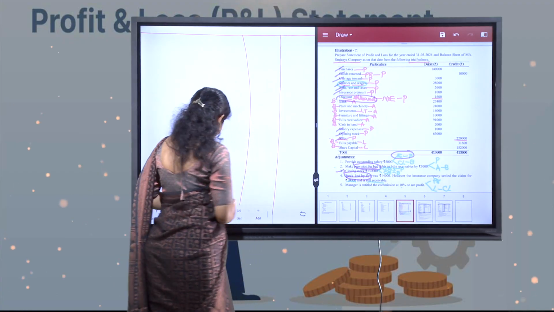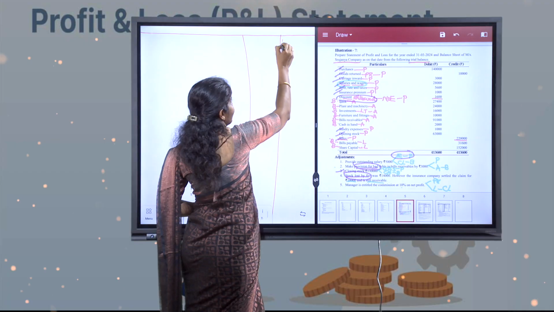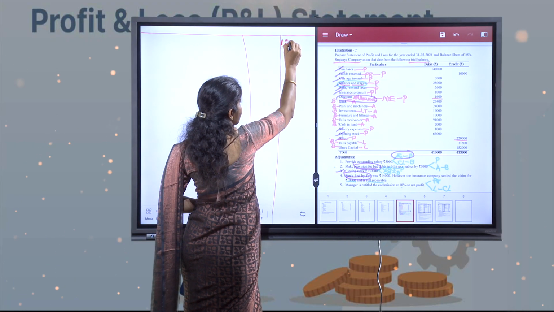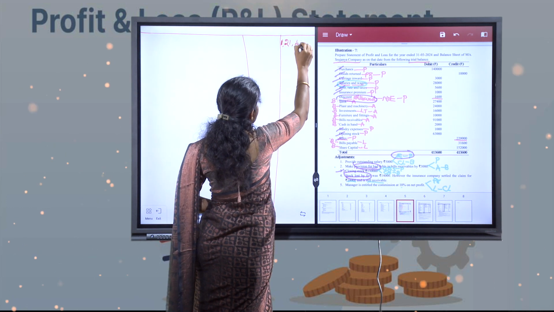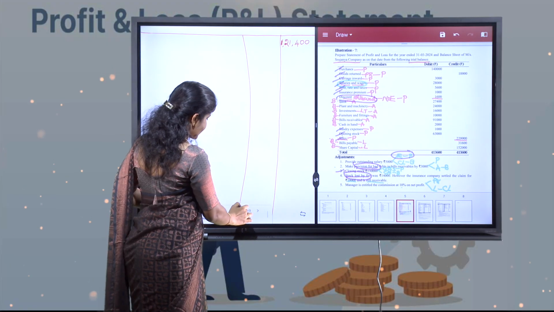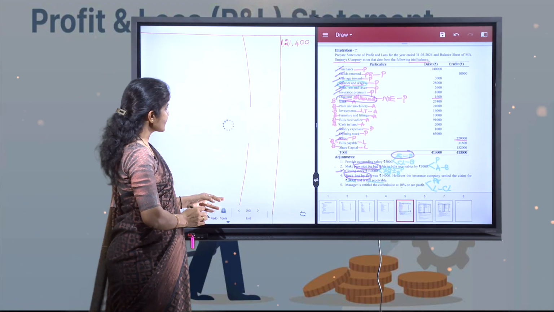So that is 1,21,400. This 1,21,400 is the difference between gross profit and the operating expenses.